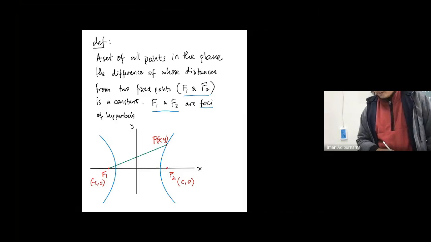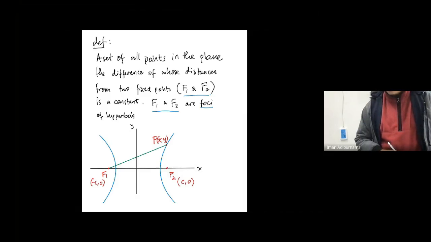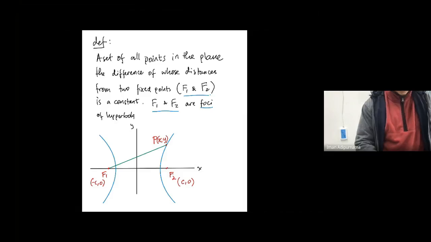Okay, now we have this line. So the constant, so PF1 minus, wait a moment.